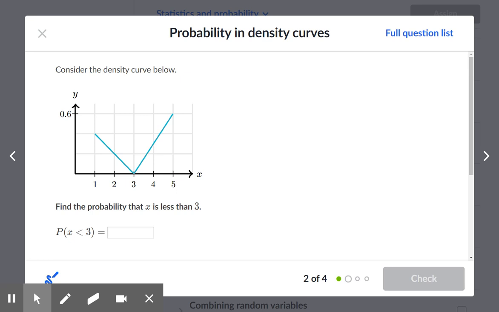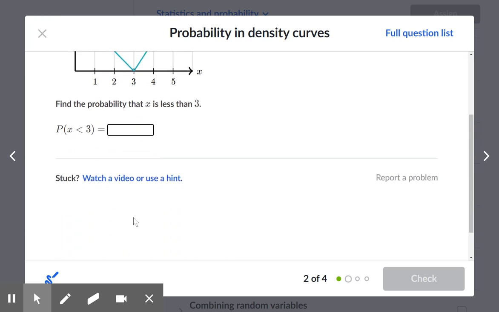And the height from here to here: each division is 0.2, and there is 0.4, so the height is 0.4. Half times 2 is 1, and 1 times 0.4 is 0.4. That means the area under this triangle on this side is 0.4, and this other side is 0.6, because it has to add up to 1.